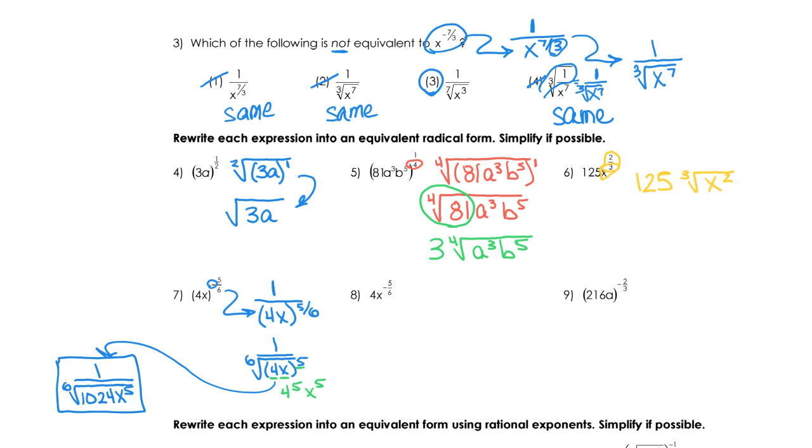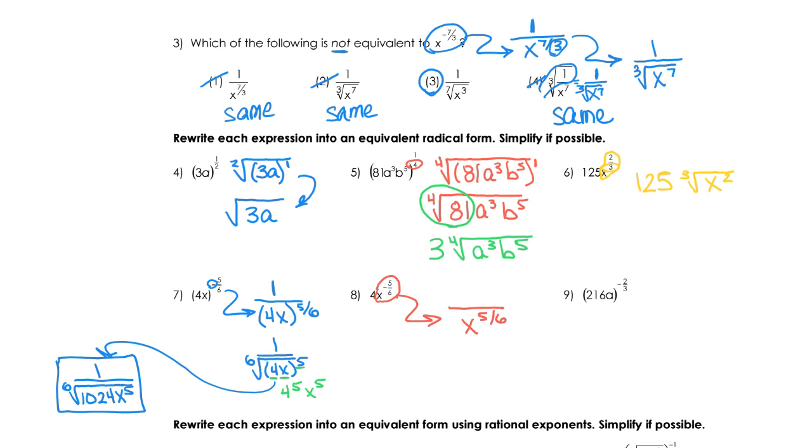All right. Number 8. So again, it's actually very similar to number 7. You see that? All right, so the difference is there's no parentheses. So it's kind of like number 6. What they're trying to trick us on is that x is only raised to the negative 5/6 exponent. So what's happened is that that's going to go downstairs and become x to the positive 5/6.